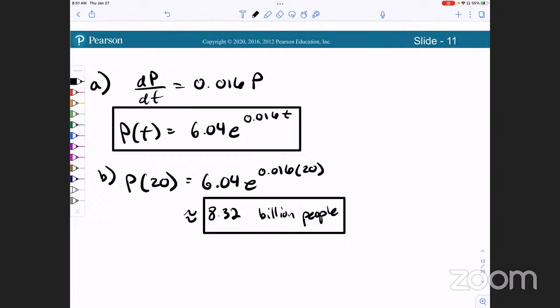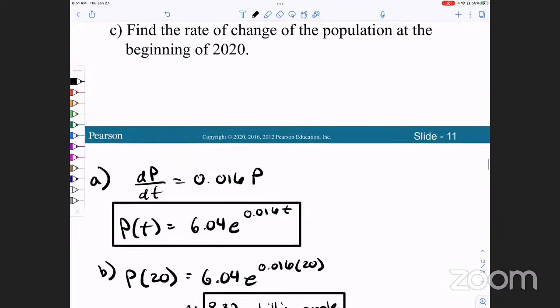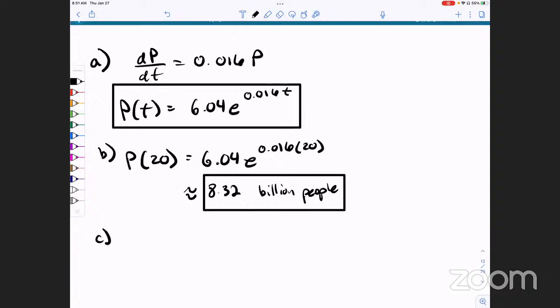Find the rate of change of the population at the beginning of 2020. P prime of 20 is 0.016 times P of 20. So times that 8.32.